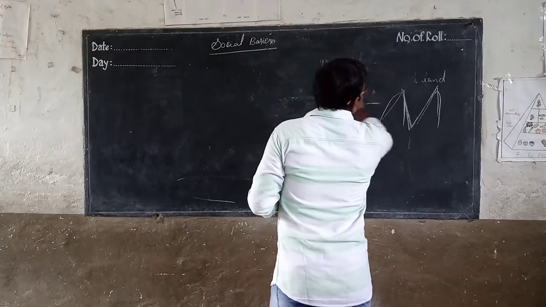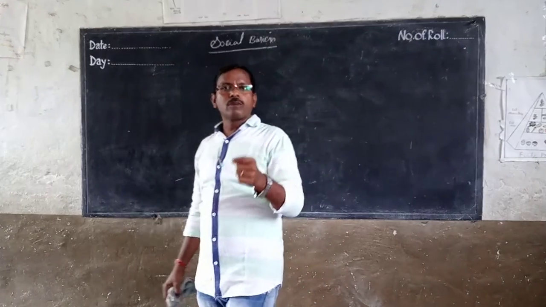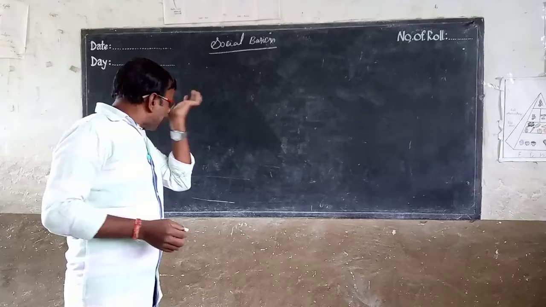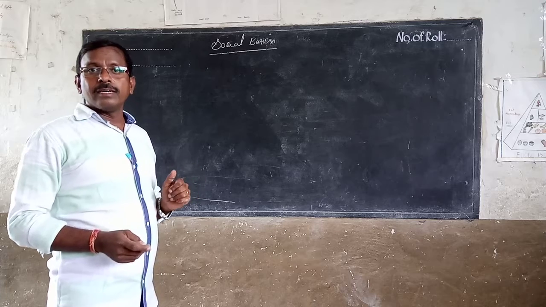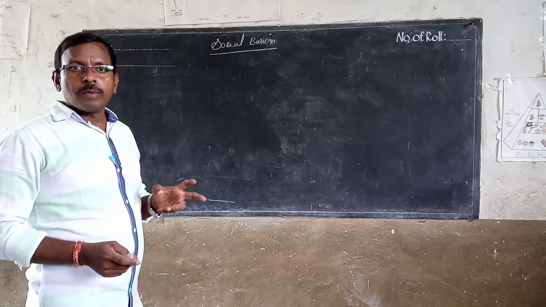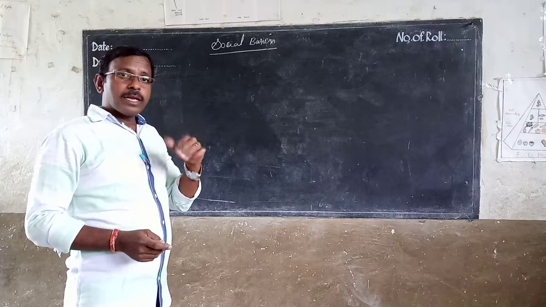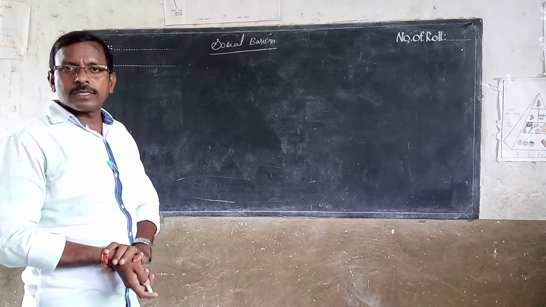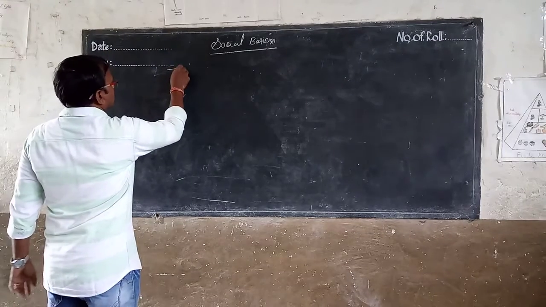Features means scale, directions, how to measure distance, and how maps are useful to us. These things are discussed. Now we'll see types of maps.